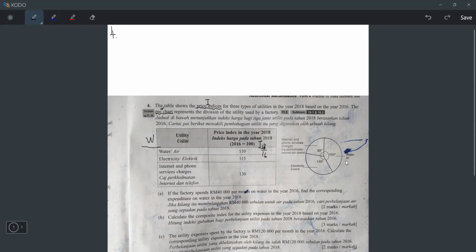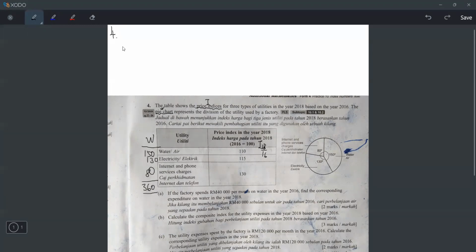So what's the weightage for water? It's 150 degrees, so 150. Electricity 130, and then internet and phone service 80. And what's the total? Must be 360 because it's one circle. So if you take 150 plus 130 plus 80, you get 360.